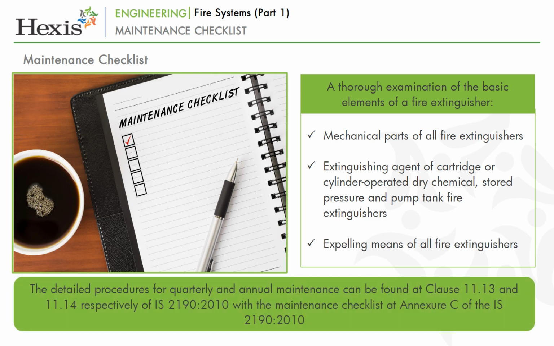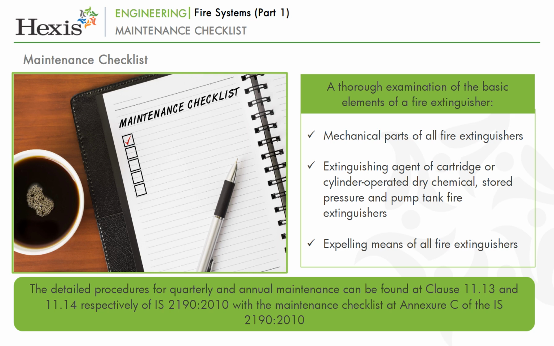The detailed procedures for quarterly and annual maintenance can be found at clause 11.13 and 11.14 respectively of IS 2190:2010 with the maintenance checklist of Annexure C of the IS 2190:2010. Maintenance shall be carried out by the manufacturers or their authorized agent or professional firemen.